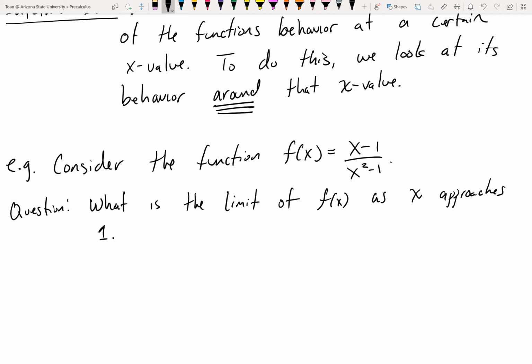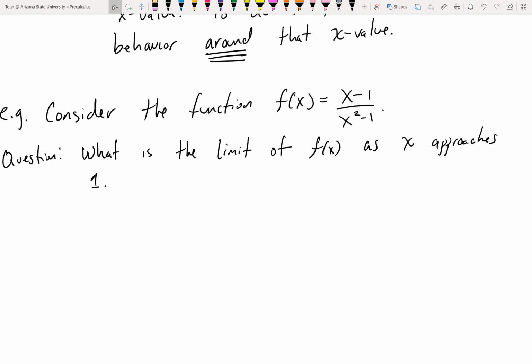Now, mathematicians, we don't want to constantly write these long sentences over and over and over. What is the limit of this function as x approaches a number? So there is a notation for it. So the notation for that previous sentence is this. We abbreviate limit as lim. Below that, we do x arrow and then whatever number we're looking at. So in this case, we're looking at x equals 1. And then to the side here, this doesn't have to be parentheses, we put the actual function itself.